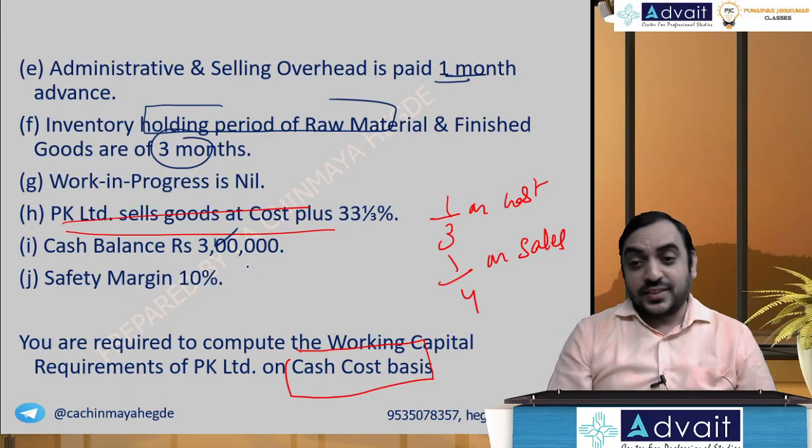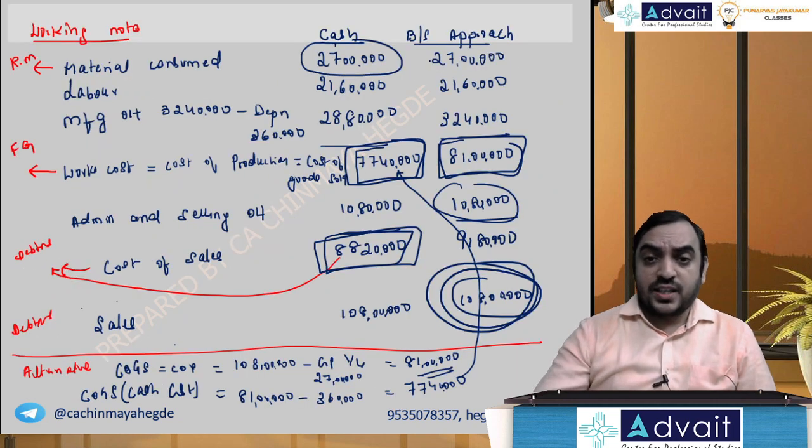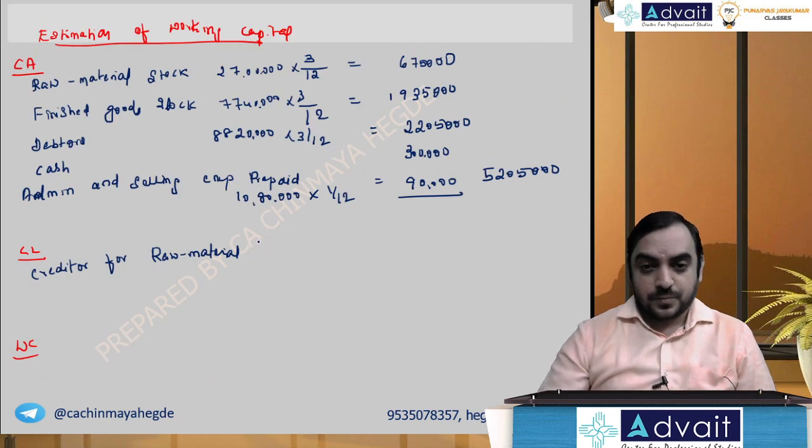Oh, this also 3 months. Our raw material consumed is 27 lakh into 3 by 12.